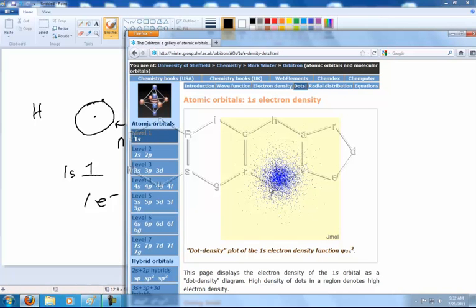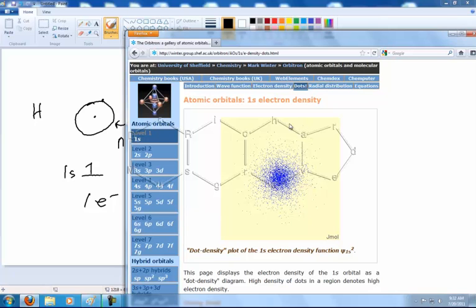All right, let's look at what a 1s orbital actually is. A 1s orbital represents the space, or the area or the volume, where we could expect to find that particular kind of electron. So this very electron here could be found in any area around the nucleus, and you'll see by the concentration of the dots that we usually expect to find this electron fairly close to the nucleus, and that's what all these little blue dots are.